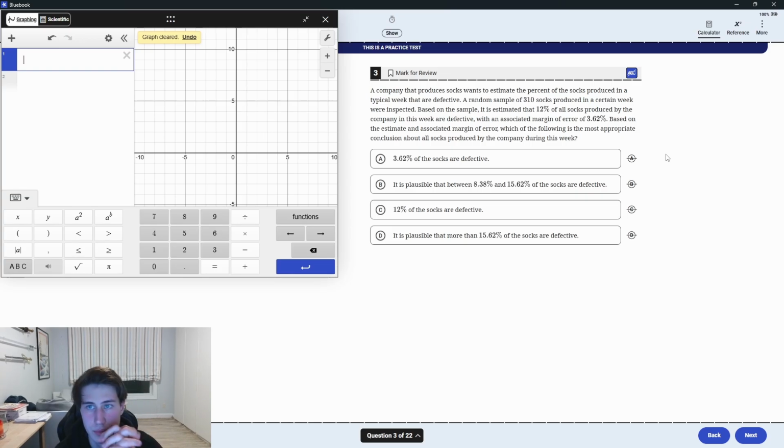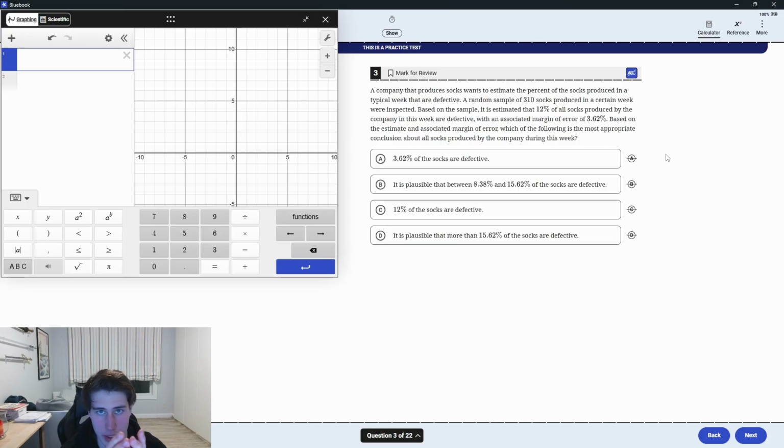Okay, number 3. A company that produces socks wants to estimate the percentage of socks that are defective in a typical week. A random sample of 310 socks. Based on the sample, it's estimated that 12% of all socks produced by the company are defective, with a margin of error of 3.62%. Based on the model and margin of error, which of the following is the most appropriate conclusion about all socks?